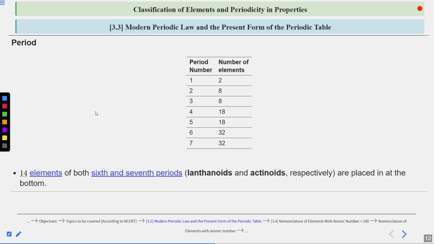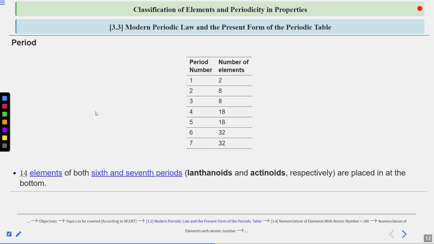Now there is a unique thing which you will see in the upcoming image: a set of 14 elements, which are said to be of the 6th and 7th period, are placed in a separate panel at the bottom, and they are termed the lanthanoids and the actinoids.